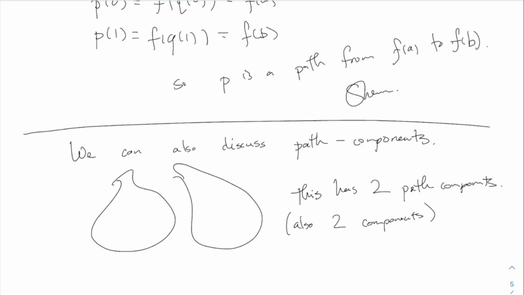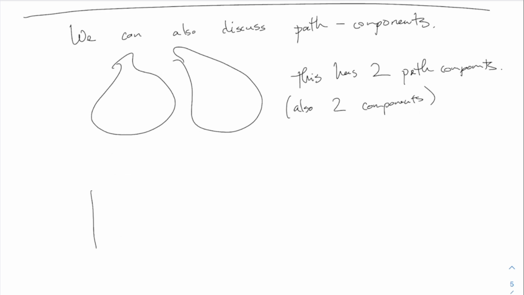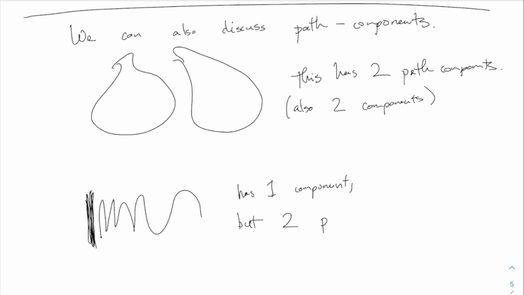Those other weird examples, though, like the topologist's sine curve, this one is connected, which means it only has one component. But it has two path components, because in terms of paths, it is actually not connected anymore. It has two pieces, the vertical piece on the left and the curvy piece on the right. So this has one component, if you're just talking about connectedness, but two path components.